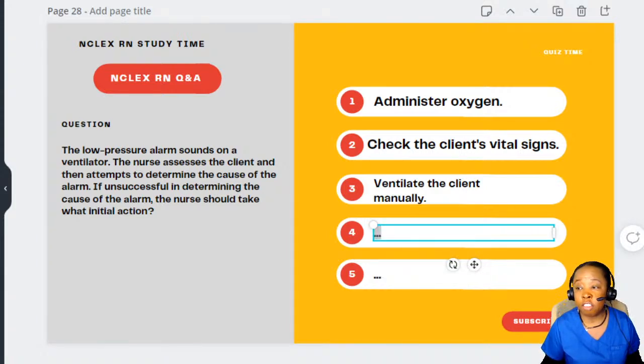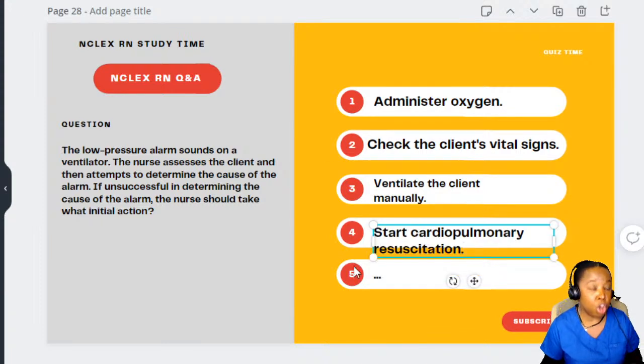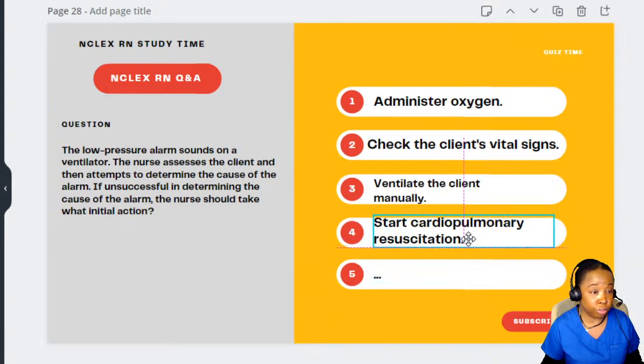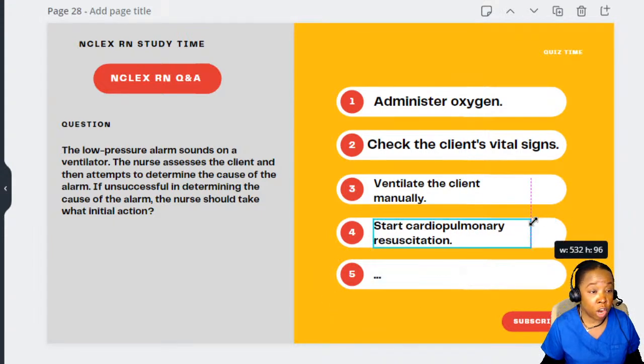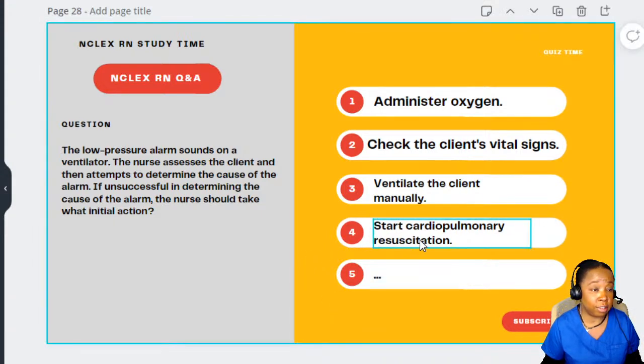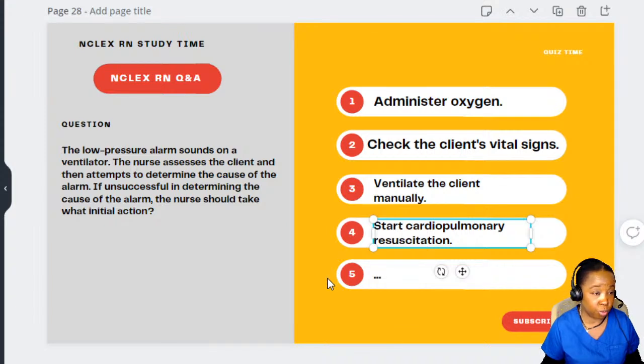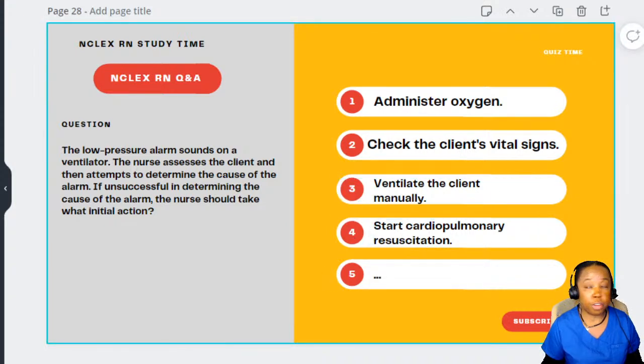If you're taking care of a patient who is on a ventilator and you hear a low pressure or high pressure alarm, you don't know exactly what you have to do. There's one option right there that is the best one. The best option is to ventilate the patient.